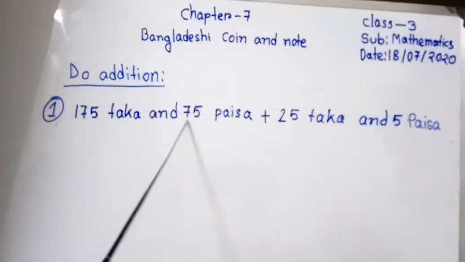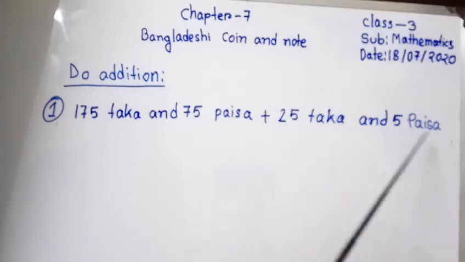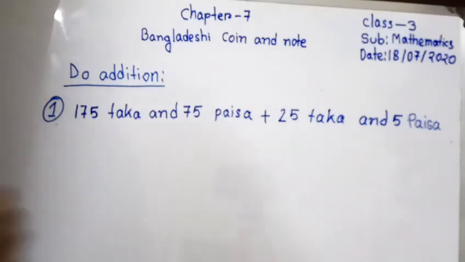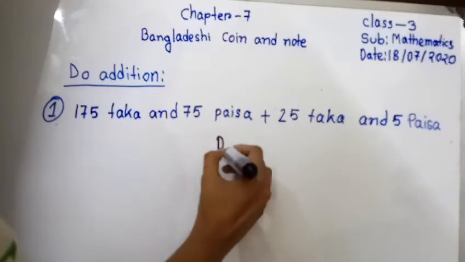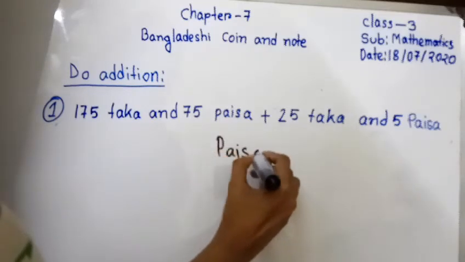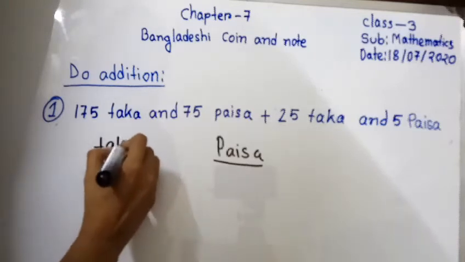175 taka and 75 paisa plus 25 taka and 5 paisa. For adding this, I will write paisa and taka separately.